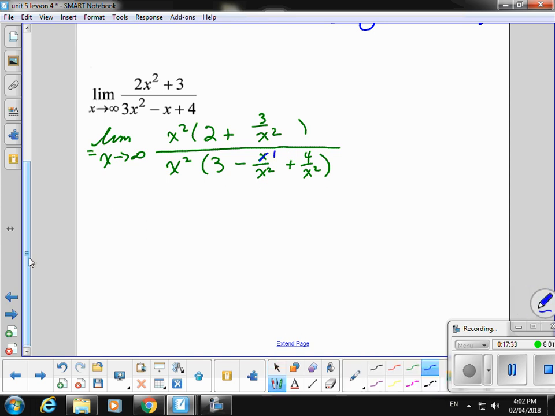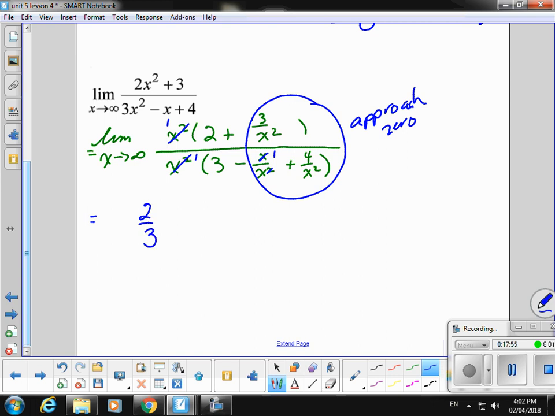All of these fractions, as x gets really, really large, approach 0. My x squared terms disappear. So as x approaches infinity, I approach 2/3. Well, I don't. The function does.